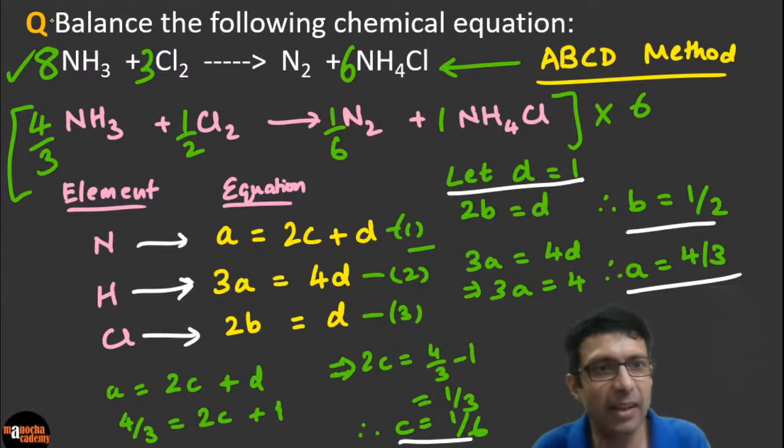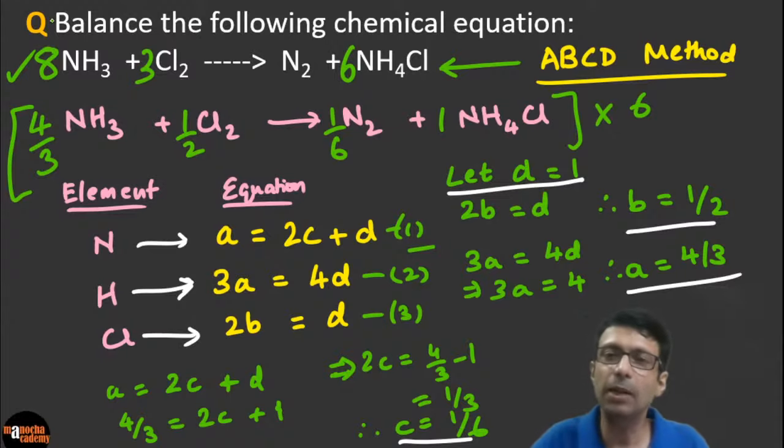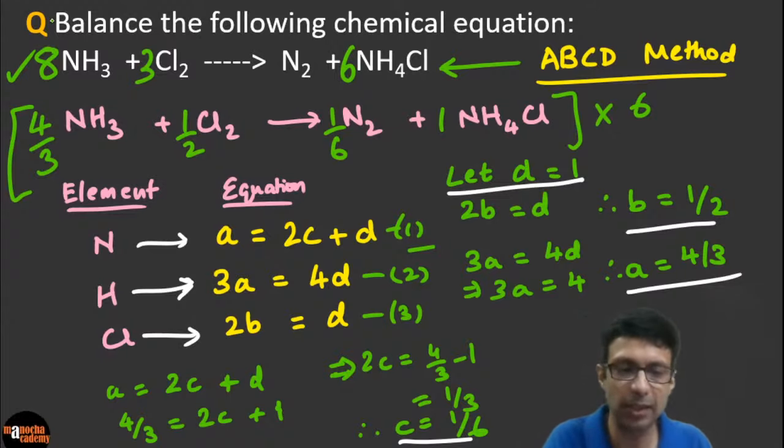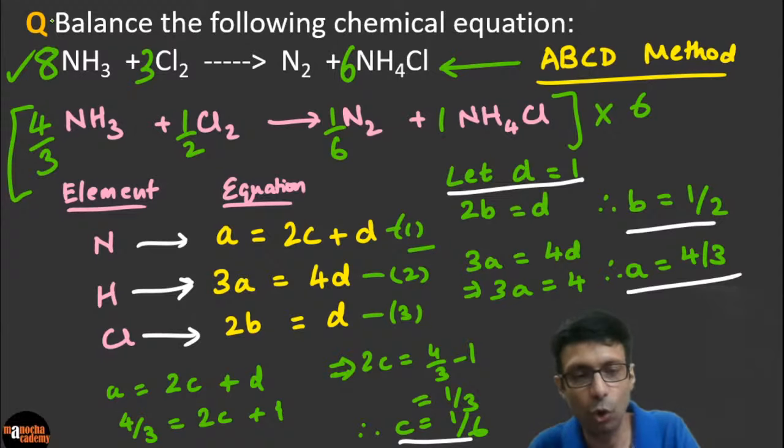And just in the end, you must make sure that you don't have fractions, because you can get fractions when you solve the equations. So just multiply it by the appropriate number, which was 6 here. And our final answer is 8 ammonia plus 3 chlorine equals nitrogen plus 6 ammonium chloride. And there you can see that there is no common factor. You can't divide all the coefficients by 2 or 3.